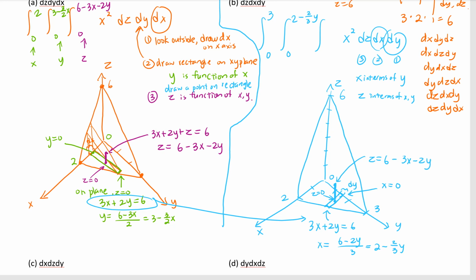Is that okay, everybody? So z goes from 0 to 6 minus 3x minus 2y. This is how we set it up.